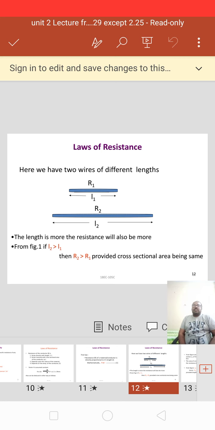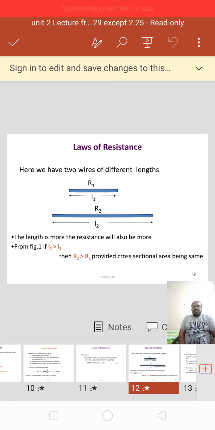For second law, here we have two wires of different lengths and different resistance. R1 is the resistance of first conductor and L1 is the length of the first conductor, and R2 is the resistance of second conductor, L2 is the length of the second conductor. The length is more, the resistance will also be more.